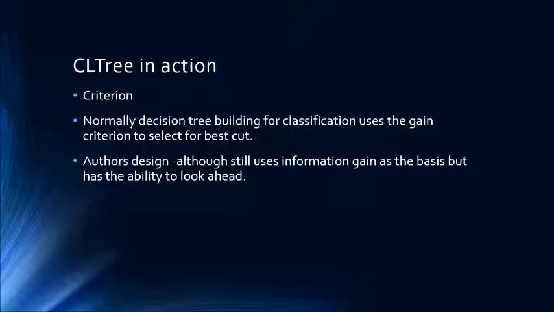This problem causes severe fragmentation of the clusters and loss of data points. So the authors designed a new criterion, which still uses information gain as the basis but has the ability to look ahead. They get the first cut using the gain criterion, then they look at most 2 steps ahead to find a better cut that cuts less into the cluster region.